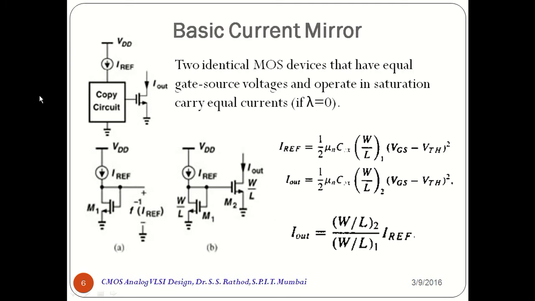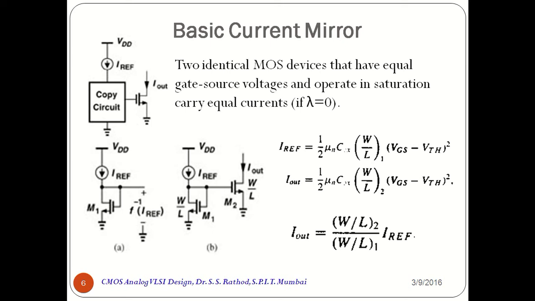So consider the basic concept. For a MOSFET, if drain current ID is a function of VGS, then I can write VGS is nothing but the inverse function of ID. That is, if a transistor is biased at a reference current I reference, then it will produce VGS, which is the inverse function of I reference.